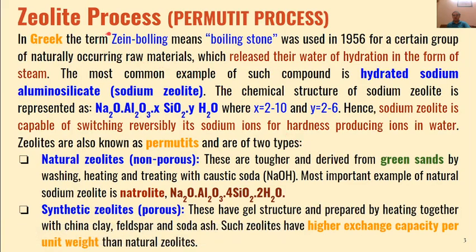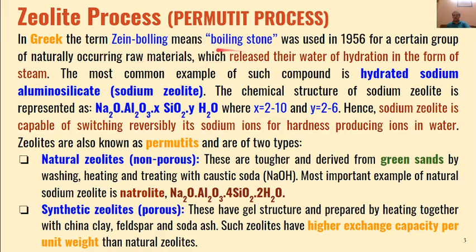The zeolite process or permutoid process comes from the Greek word "zein boiling," which means the boiling stone. This term was used in 1956 for a group of naturally occurring materials which released their water of hydration in the form of steam.